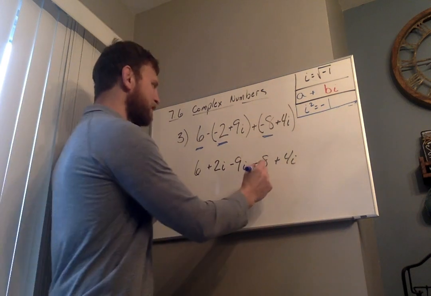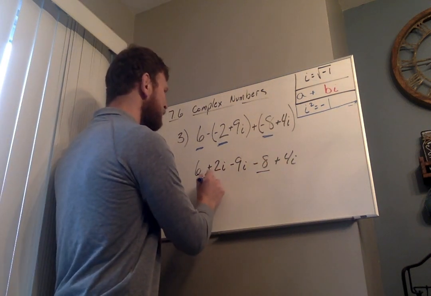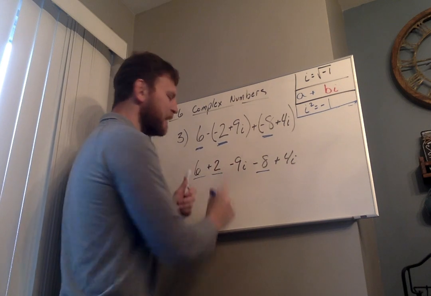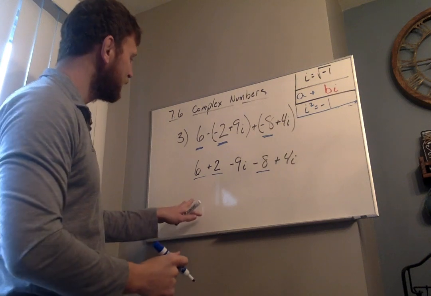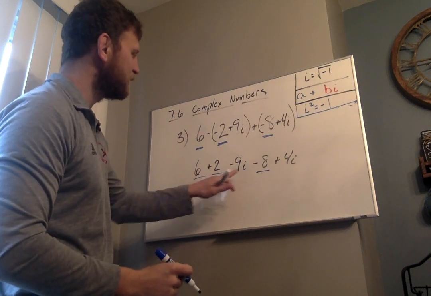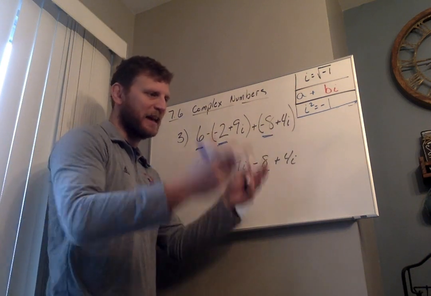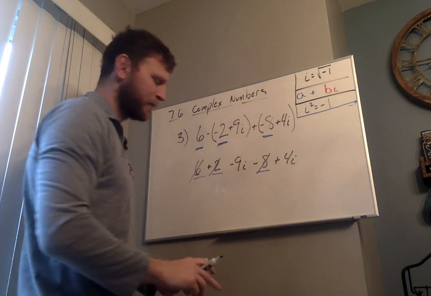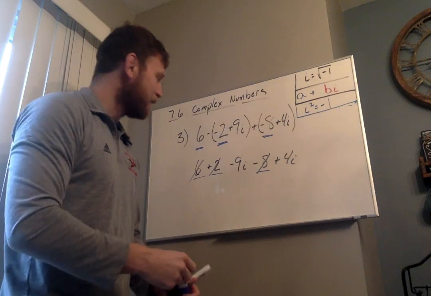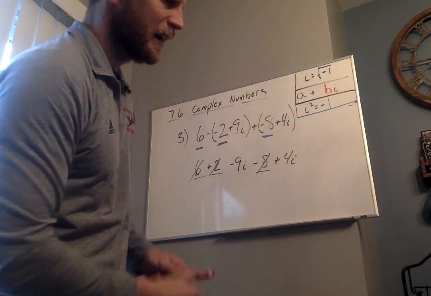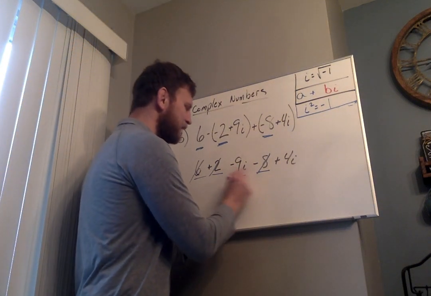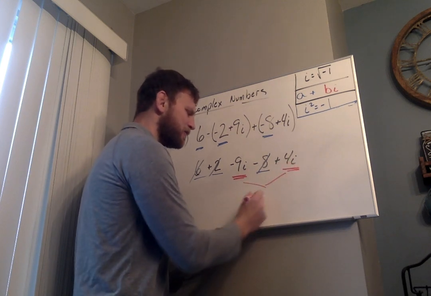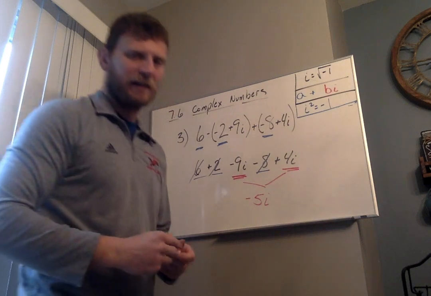Now this doesn't have an i. This doesn't have an i. Oops, miswrote that. There we go. That doesn't have an i. So now I've got 6 plus 2 is 8, minus 8 is 0. They cancel. Gone. Now this has an i and this has an i, so I can combine them. So this whole thing boils down to negative 5i.